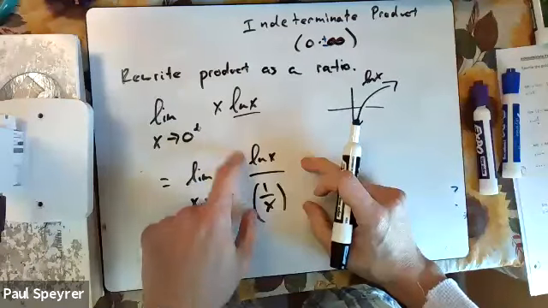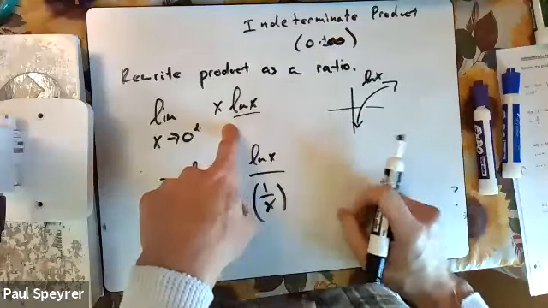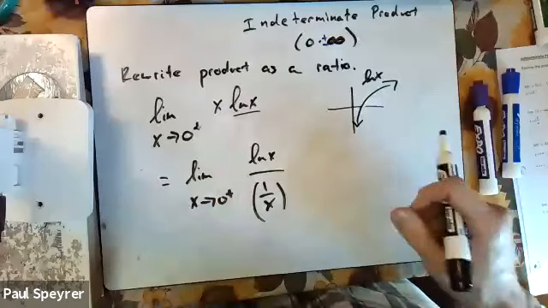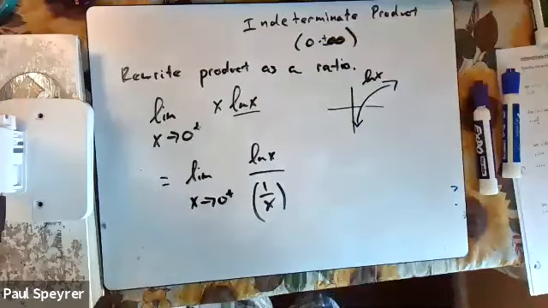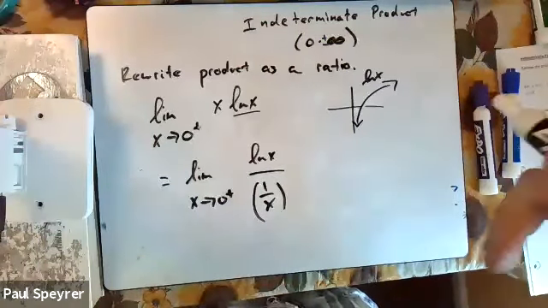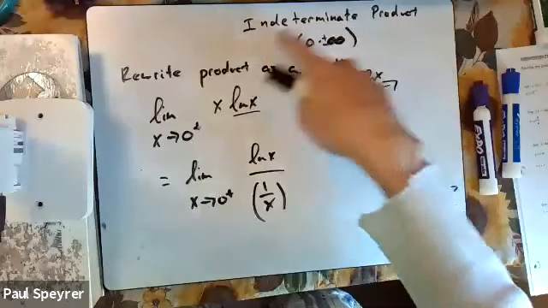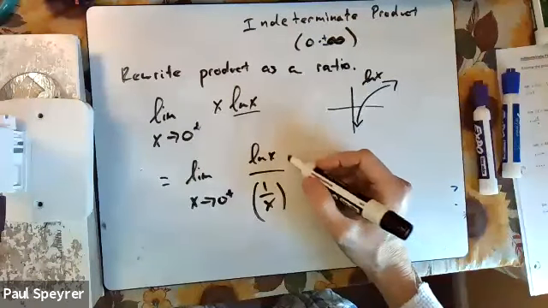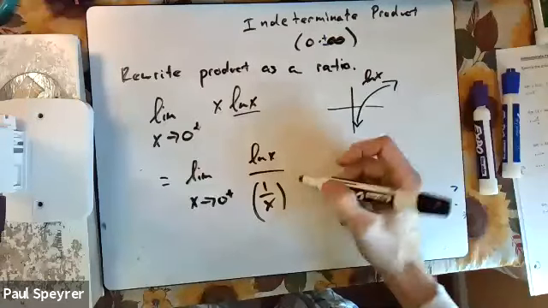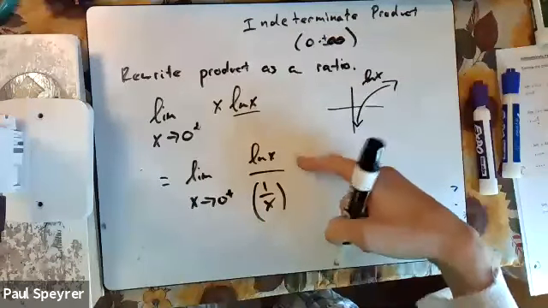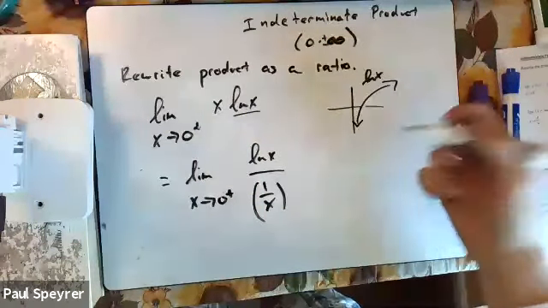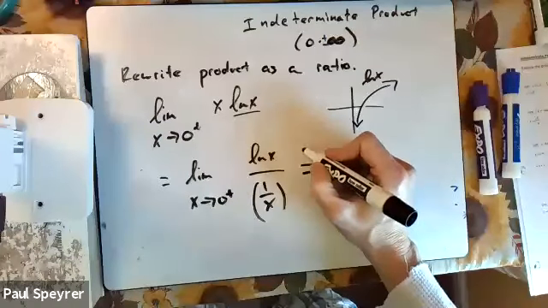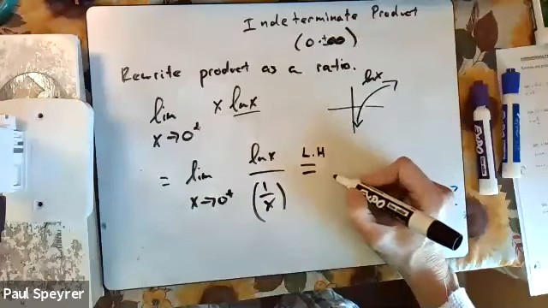If I were to take this and divide it out, I would get back to this form. The reason we're doing that is because this is going to allow us to evaluate the limit. We're trying to get it out of this indeterminate form. If I plug 0 in here, we get undefined anyway, so we need to L'Hopital it.